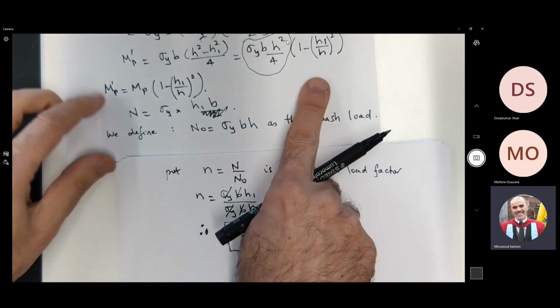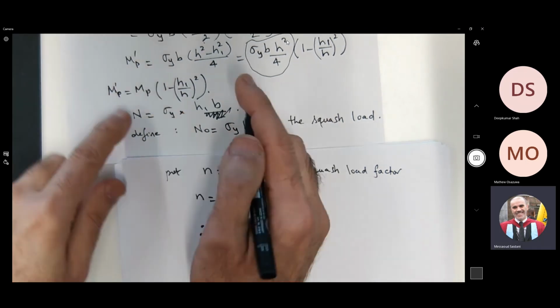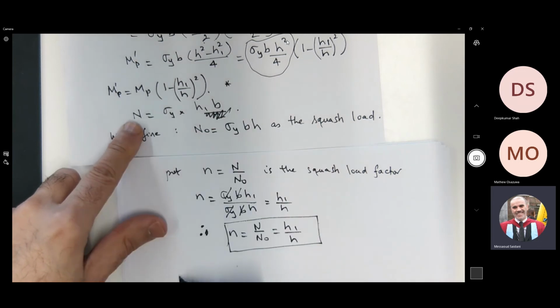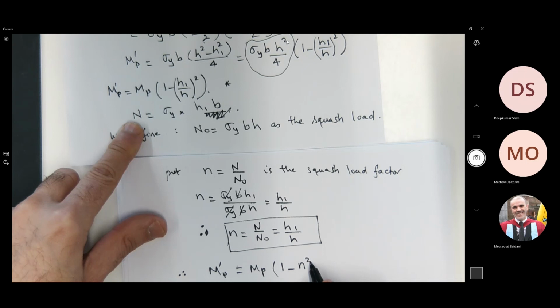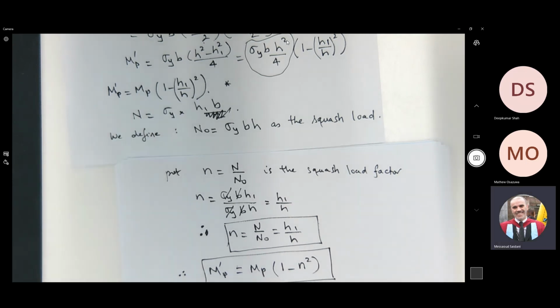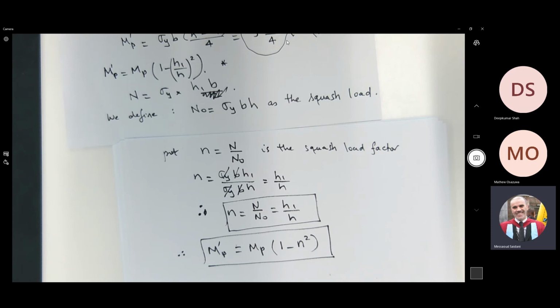If we go back to this equation, therefore MP dash is equal to MP times 1 minus n squared. This MP is the plastic moment without the existence of the axial force.